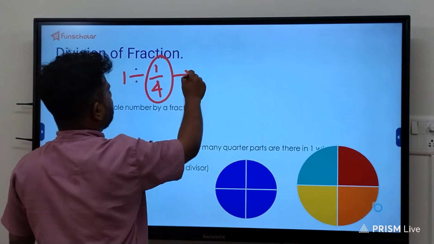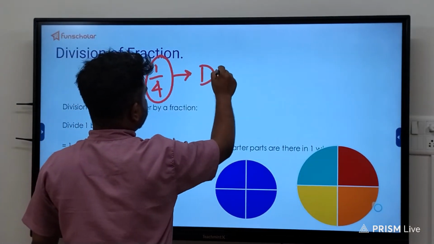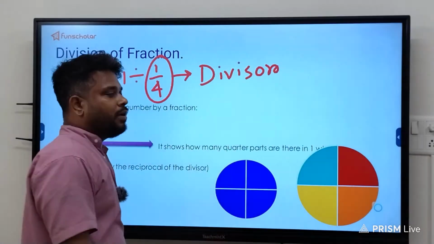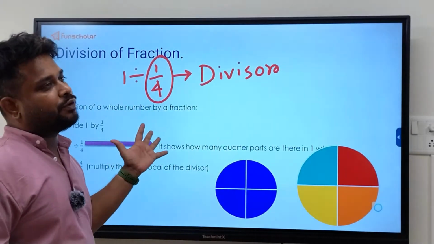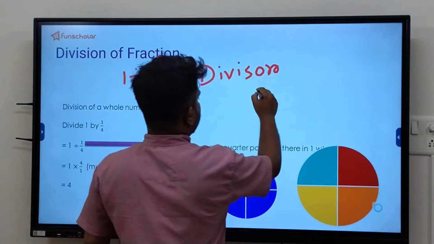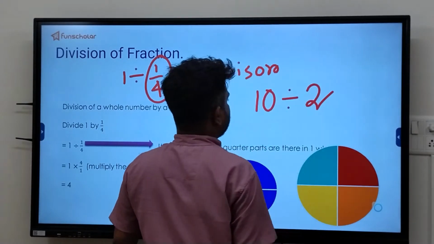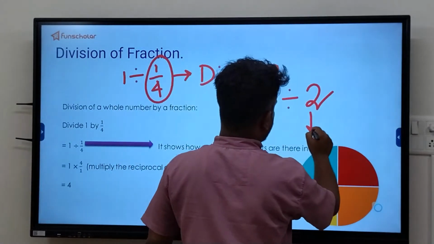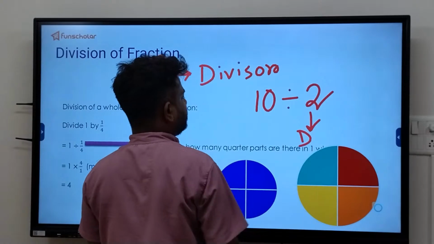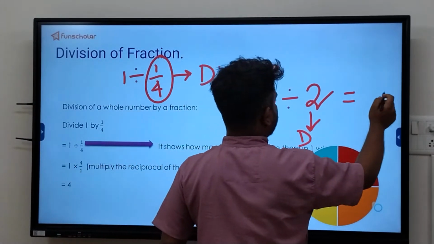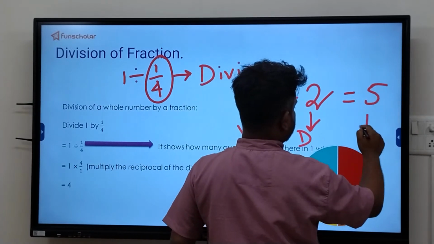We already know from our previous classes that if I write like this, this one is always the divisor and this one is the dividend, and the answer is the quotient.